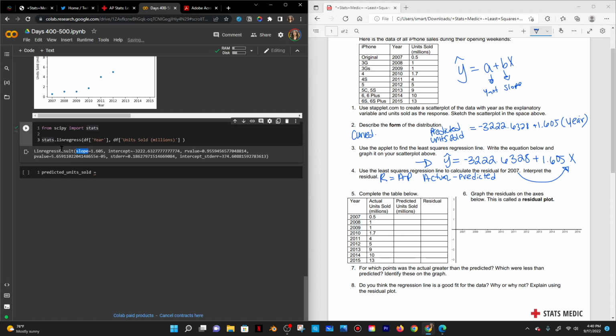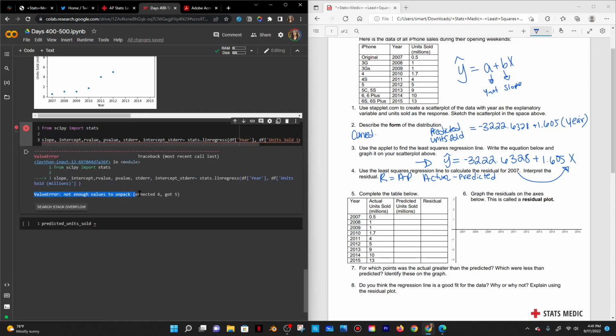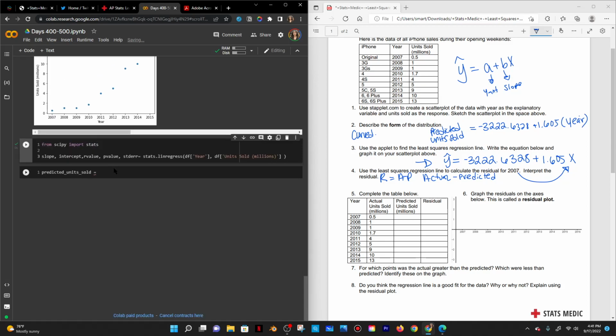So I would do slope, comma, intercept, comma, r value, comma, p value, comma, the standard error, and then the last one. I set that equal to that, and I get an error: not enough values to unpack. For some reason, it never counts that one.